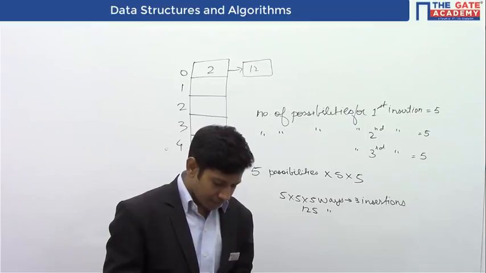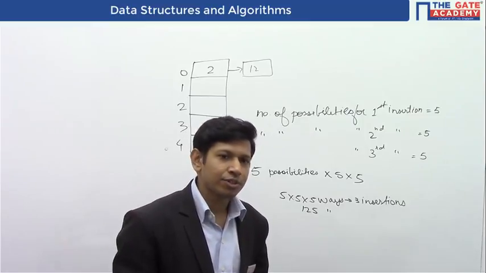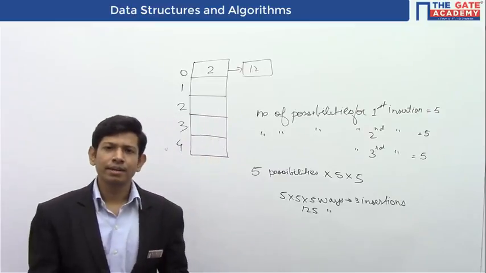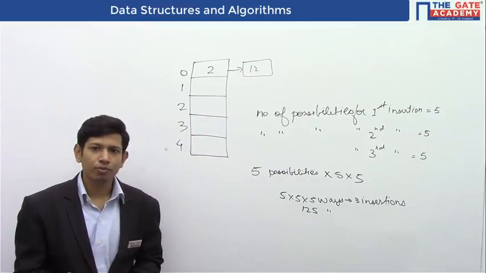Next, let's see if chaining were not allowed. If chaining were not allowed, what could have been the number of ways?